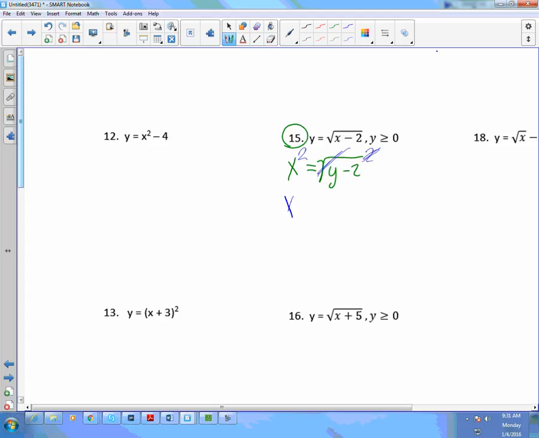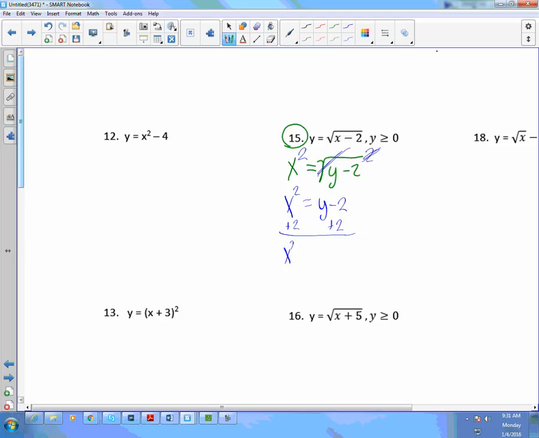So I have x squared equals, the square root's gone, and it leaves just underneath in the radicand position the y minus 2. Okay, how can you get y by itself? Add 2 to both sides.